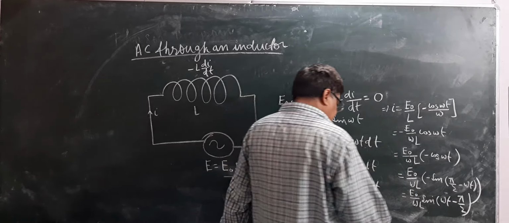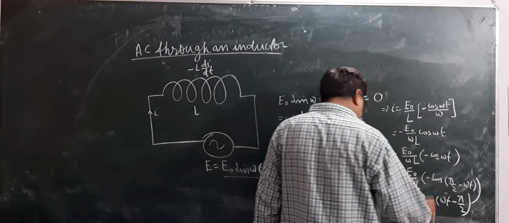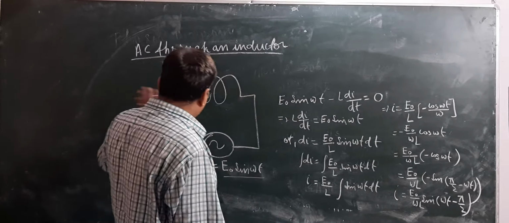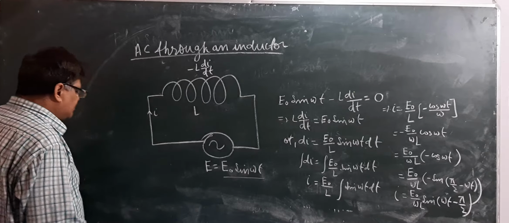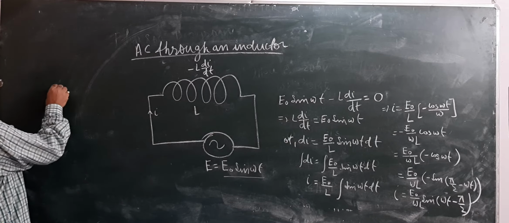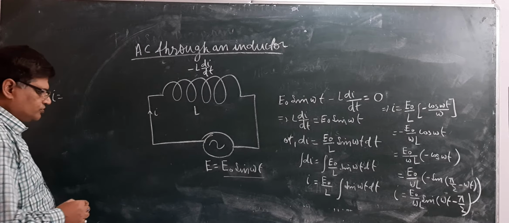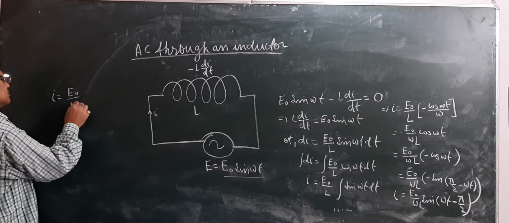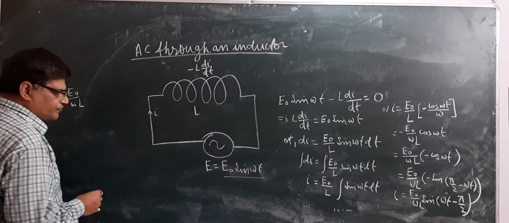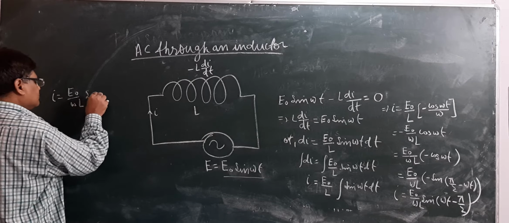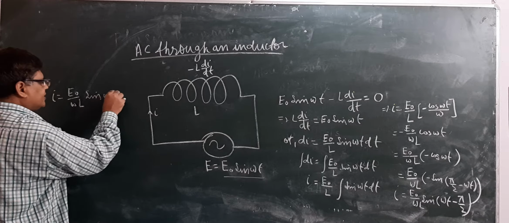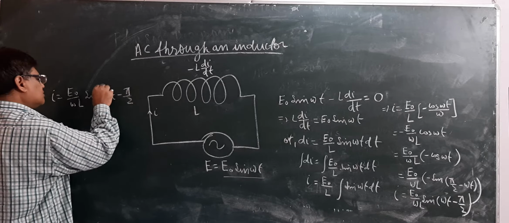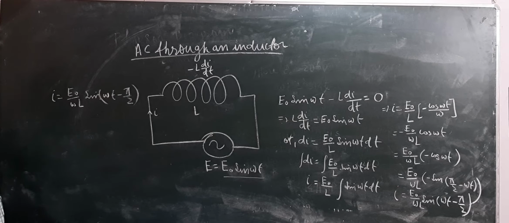So this is the expression for the instantaneous current, that is I. I will rewrite it again on this side. That is, we have obtained I is equal to E naught by omega L sine omega t minus pi by 2. Fine.